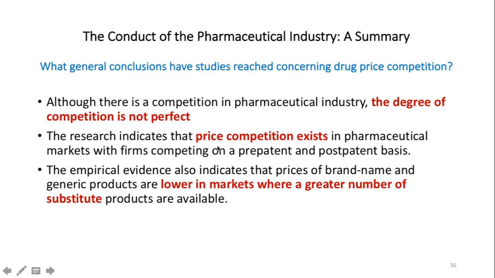The research indicates that price competition exists in the pharmaceutical market, with firms competing on a pre-patent and post-patent basis. The empirical evidence also indicates that the prices of brand name and generic products are lower in markets where a greater number of substitute products are available.